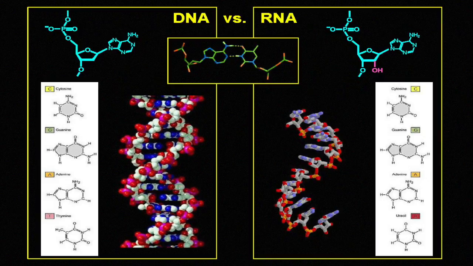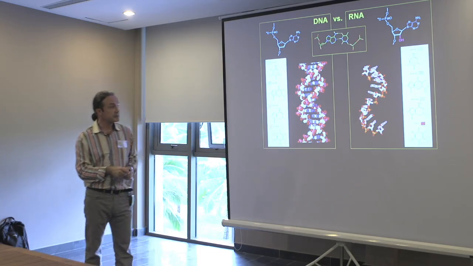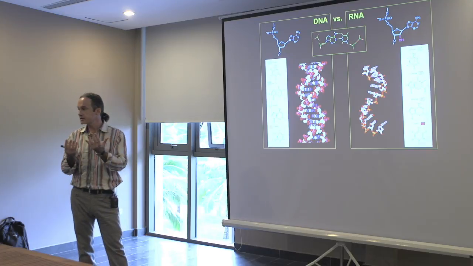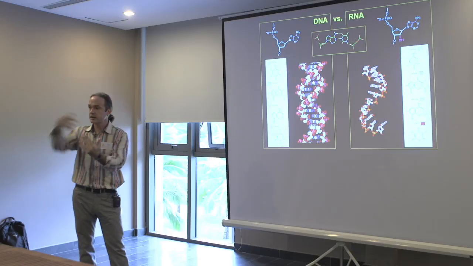Good, so this is a different nucleic acid. In all cases, complementary nucleobases interact through hydrogen bonding. So in this case, although you see this single strand, you can imagine that complementary nucleobases are interacting. When they are available, they interact among them.